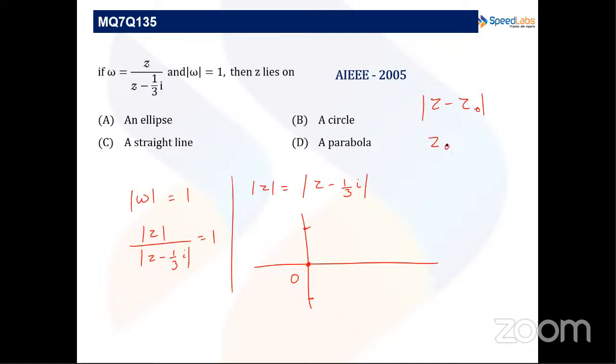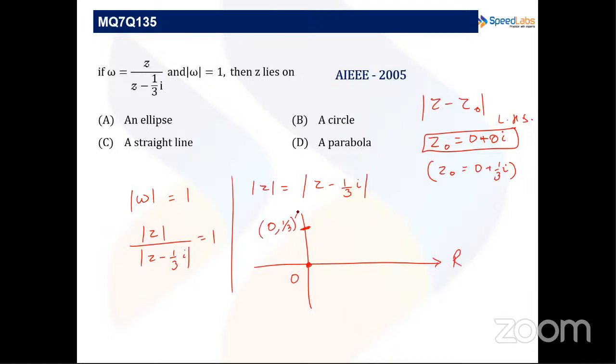In the first one, z naught in the LHS is 0 plus 0i, and in the RHS part, z naught is 0 plus 1 by 3i. So this is a point, and the other point is 0 comma 1 by 3.